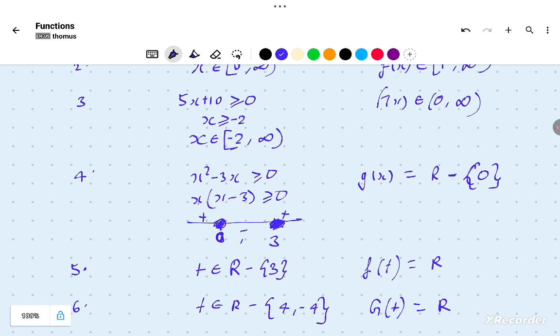If I put 1 or 2 in the place of x, I will get negative values, and if I put values more than 3 or less than 0, I am always going to get a positive value.